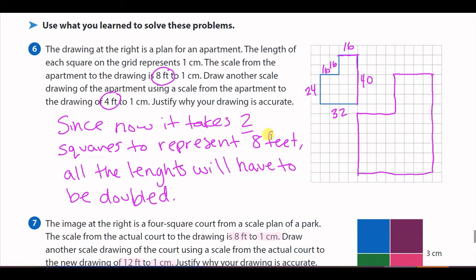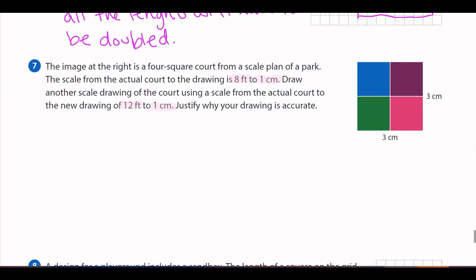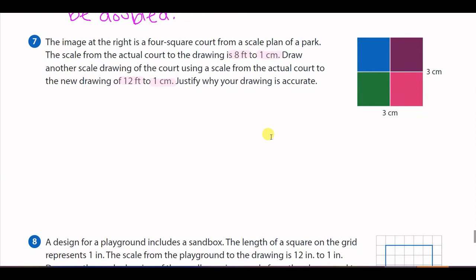Okay, so same deal down here now. Let's go to the original and then go to the new one. So we're not taking any shortcuts here. The scale factor for the original drawing is 8. So if we multiply this by 8, we've got 24 feet by 24 feet.